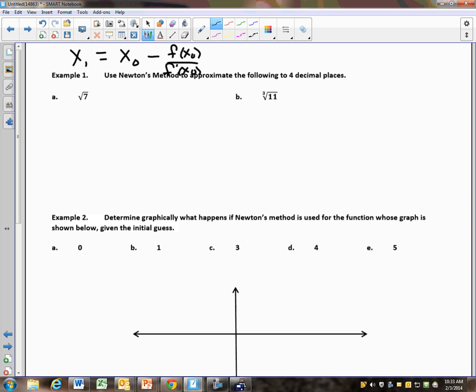So, square root of 7, what do you want to guess? Okay, 2.5. We'll roll with it. So, x sub 0 is equal to 2.5. I need a function. X squared minus 7. Very good.